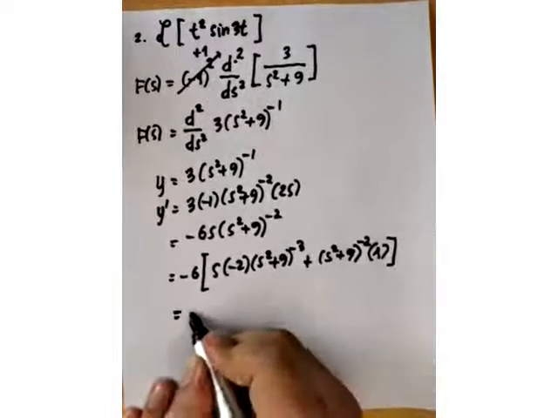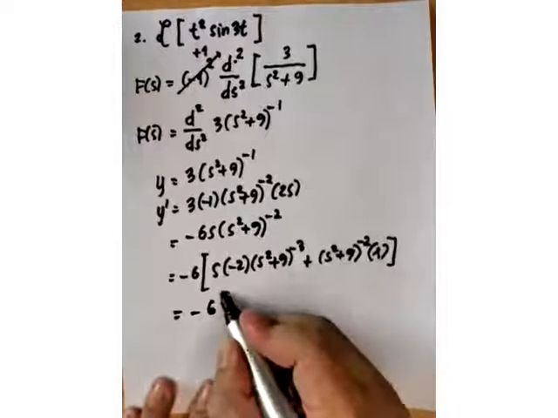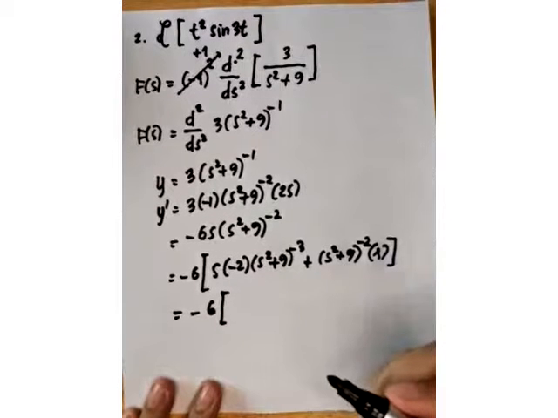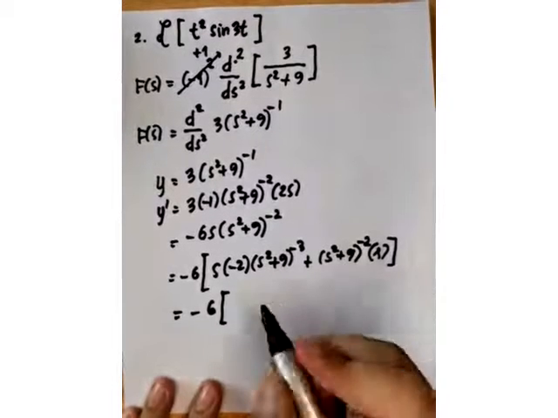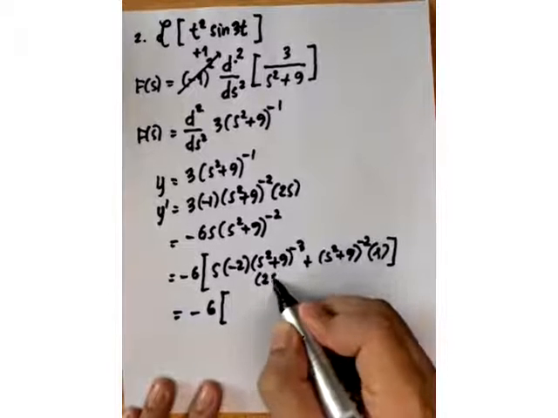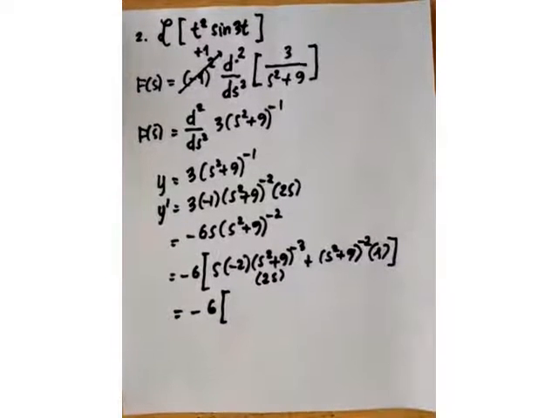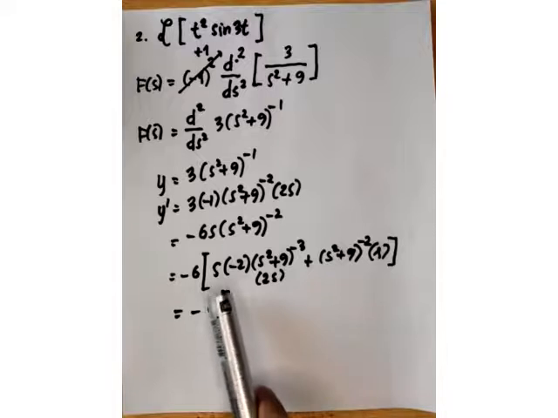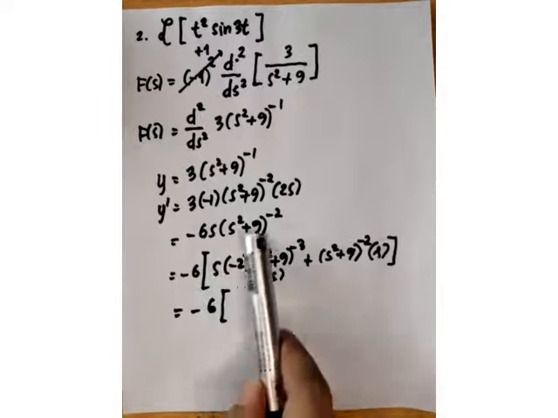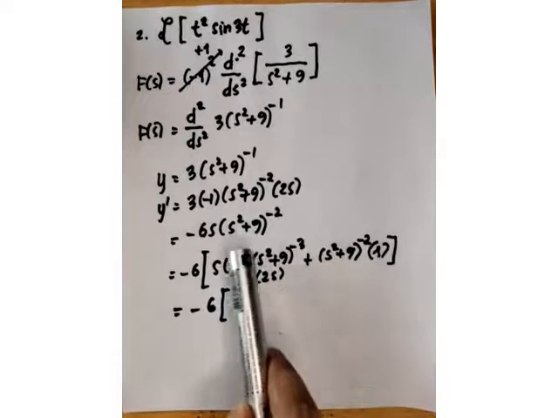So that's equal to negative 6 quantity. Kulang ako dito ng 2s. Tama ko. Chain rule. Copy ko yung s and then derive ko to. So ibababa ko itong power.